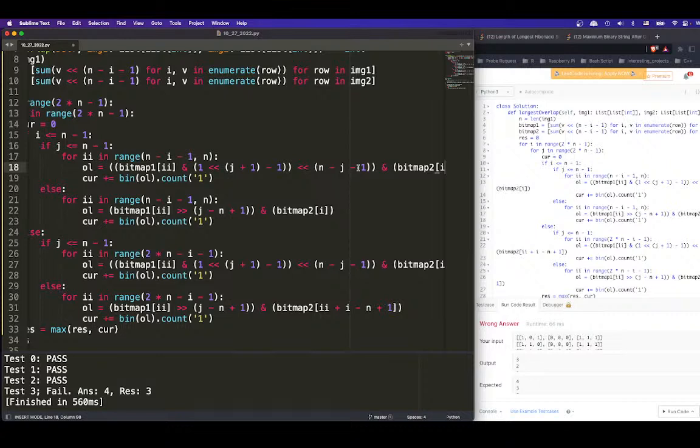We have this. We know this position, right? We know its index. And then, what's the index on the second image? Should be n minus 1 minus ii, right? Because if ii is, let's say, 1, nope.